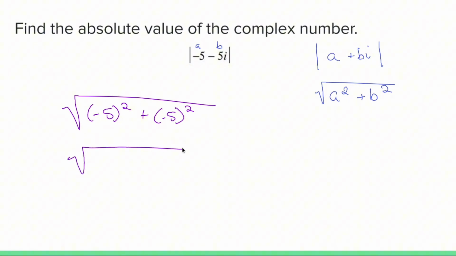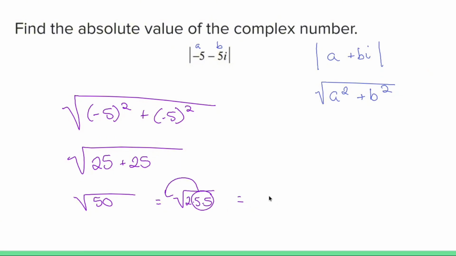So you become the square root of 25, because negative 5 squared is 25, plus 25, which is the square root of 50. You know that I can change the square root of 50 into 2 times 5, right? So I can bring out a pair of 5s, and that leaves me with 5 root 2.